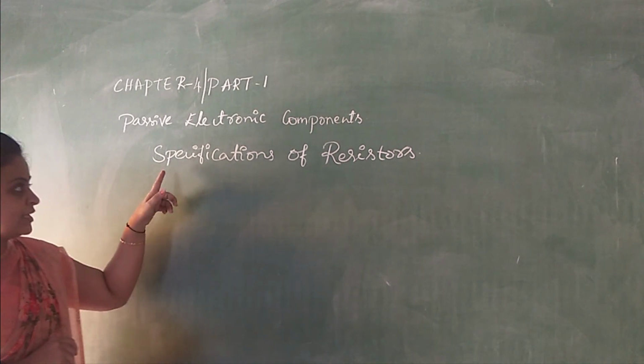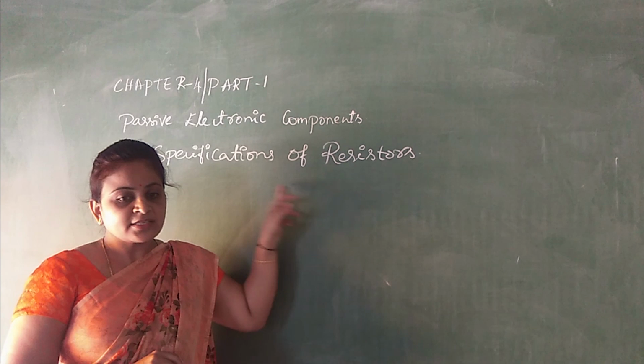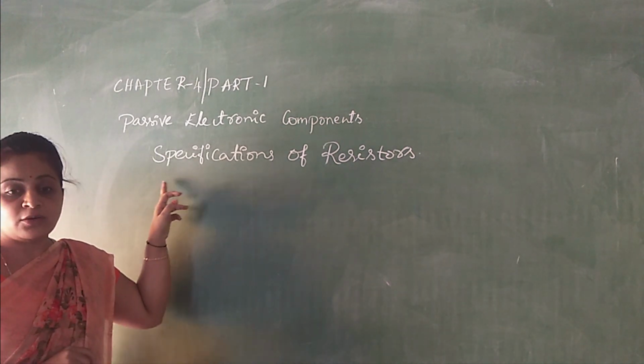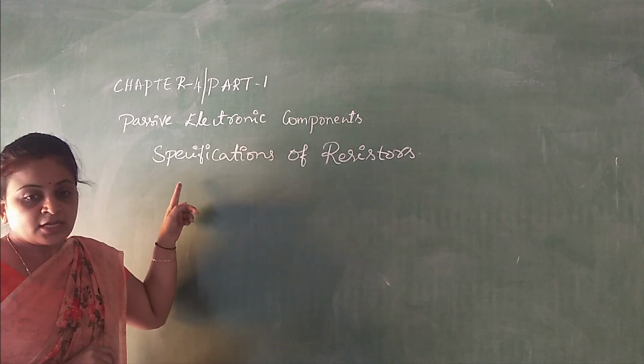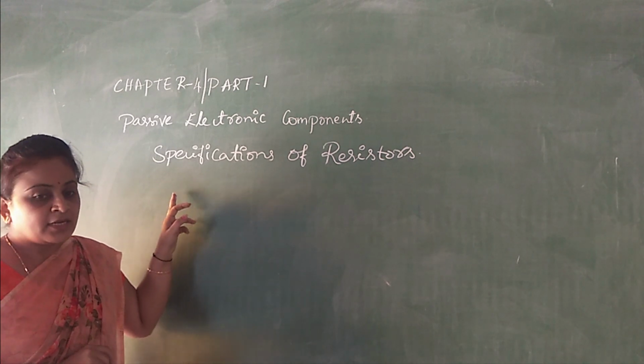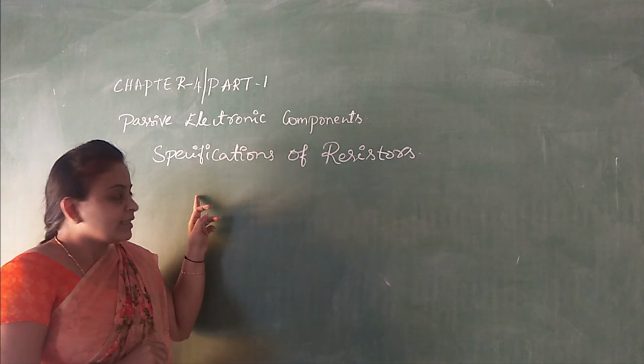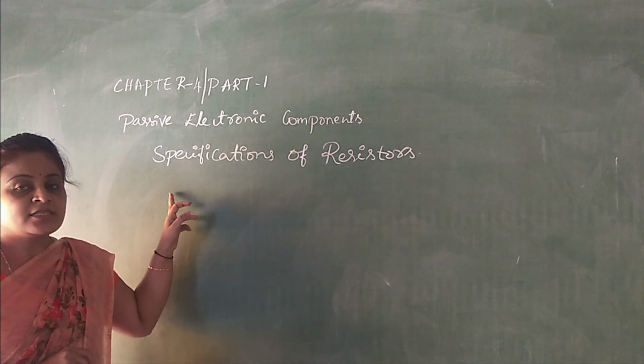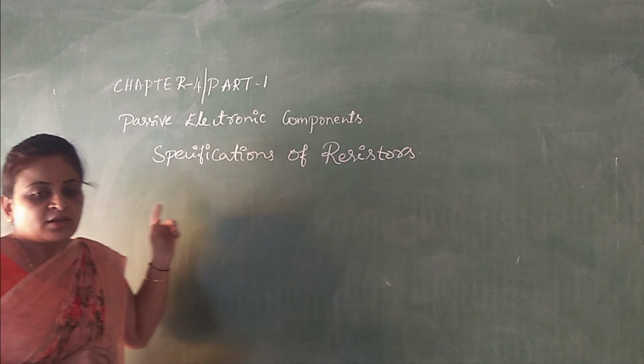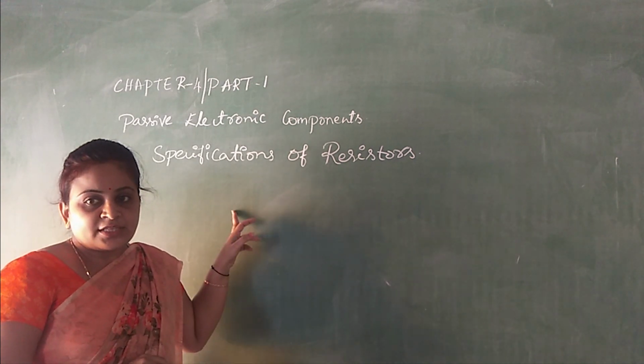Next topic is specifications of resistors. In this we are going to study ohms rating, power rating, tolerance, temperature coefficient, resistivity. Ohms rating is the maximum resistance offered by the resistor when it is used in the circuit.